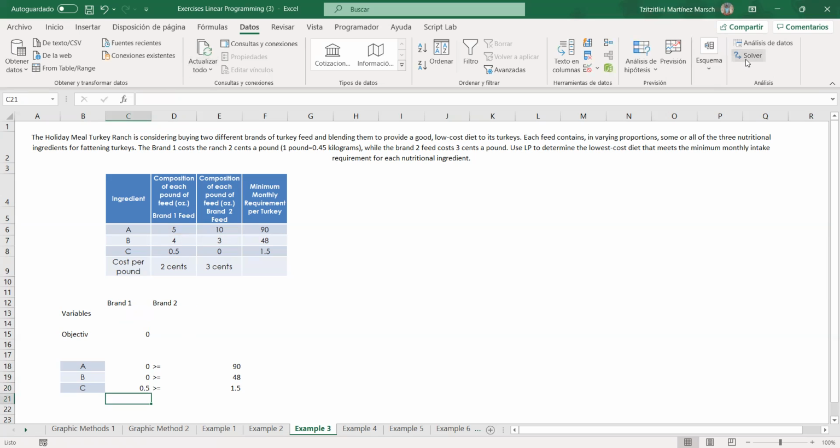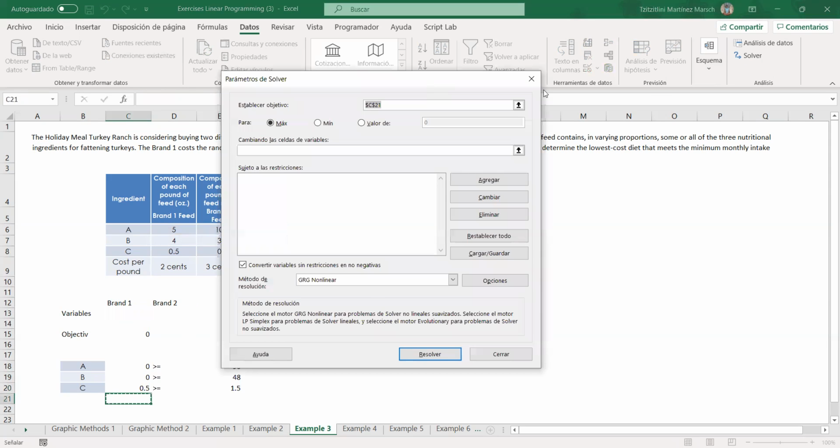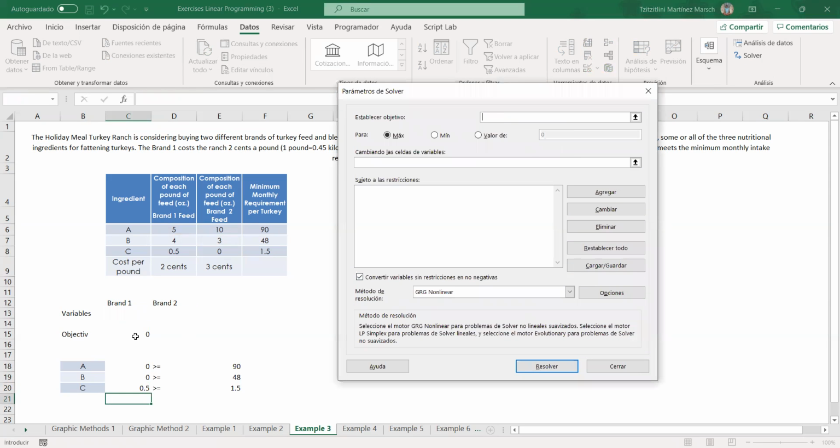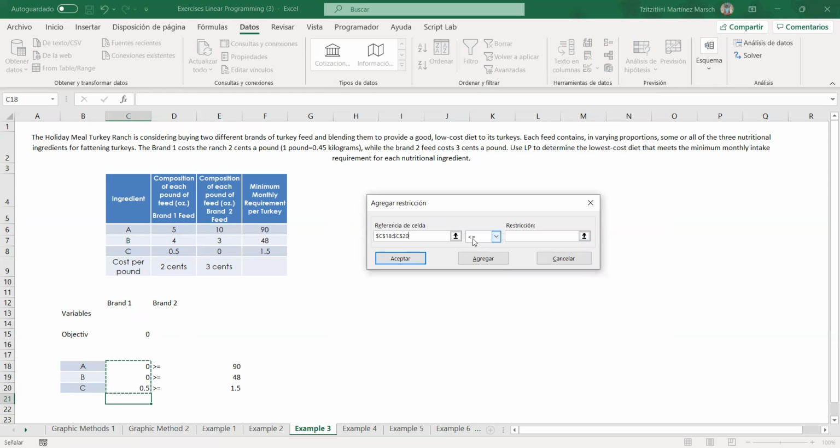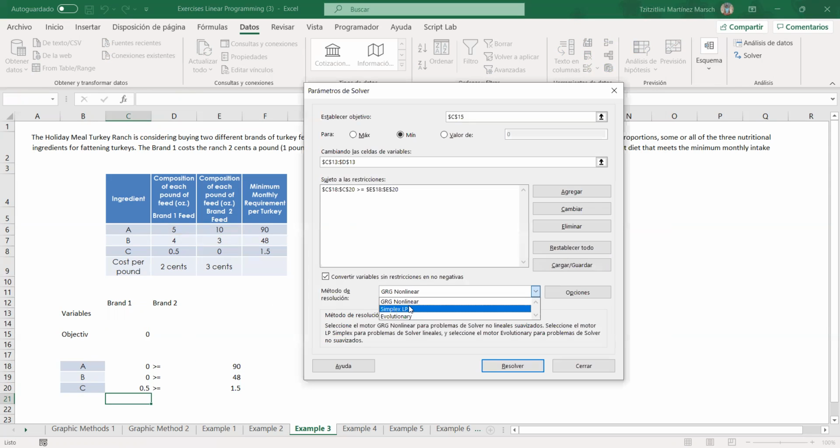Let me go ahead and use Solver. My objective here is going to be this function, and this time I'm going to minimize, changing the number of pounds that I buy of brand 1 and brand 2. My restrictions are these. Make sure I use Simplex.